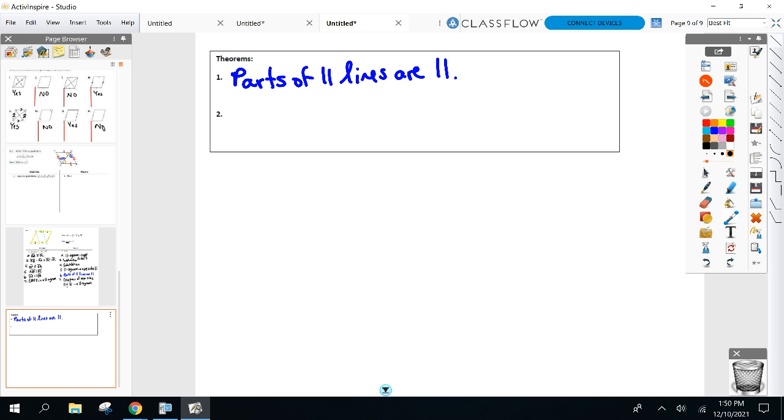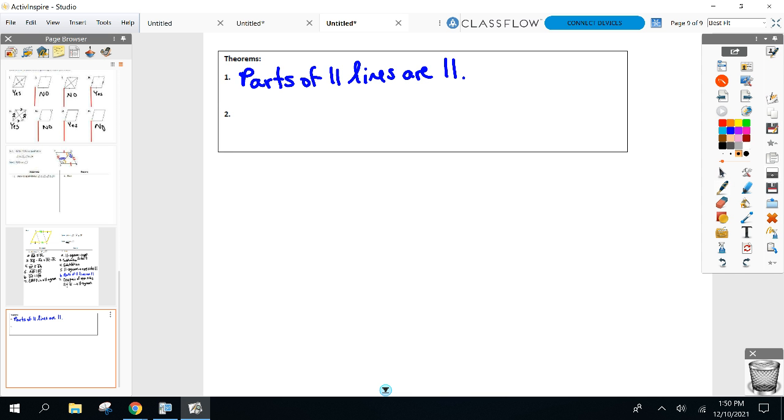Like the pieces are parallel, but I need the full ones parallel. I want to get the full side parallel to each other. Instead of using the word parts, we'll use the word extensions. Extensions of parallel lines are parallel. So that's if I need the full segment parallel.